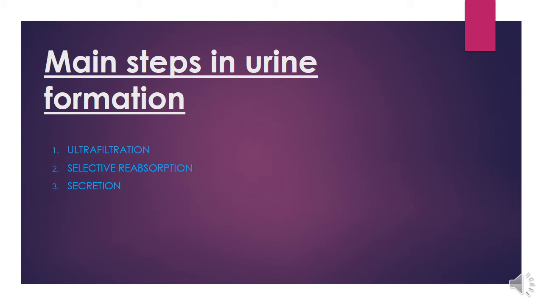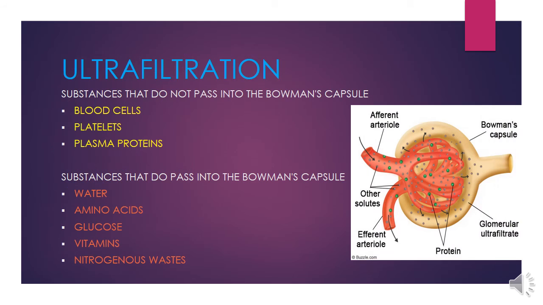There are three main steps. The first is ultrafiltration, the second is selective reabsorption, and the third is secretion. The diameter of the efferent arteriole is less than that of the afferent arteriole.